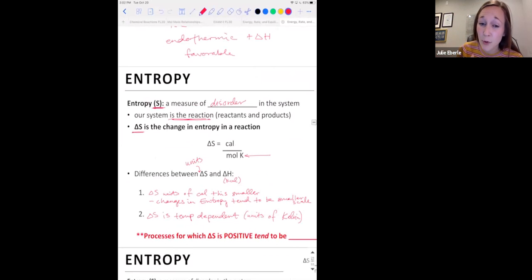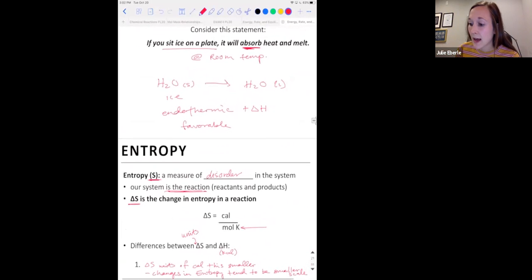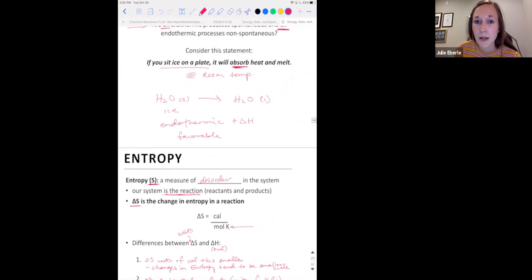And to prove this point, go back to the ice thing up here. Ice sitting on a plate and melting. Sure, that will happen at room temperature, but what if that plate is in the freezer? Will it melt then? No. What if it is in the refrigerator? It will still melt. The process will be slower, but it's definitely temperature dependent. Okay.